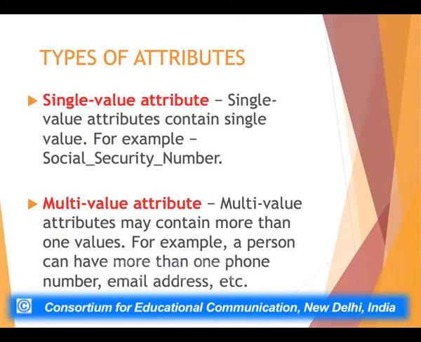For example, a person can have more than one phone number, more than one email address, etc. So, there are single valued attributes which are used in the ER diagram, and there are some multi-valued attributes also which will allow the user to store multiple values for a given attribute.